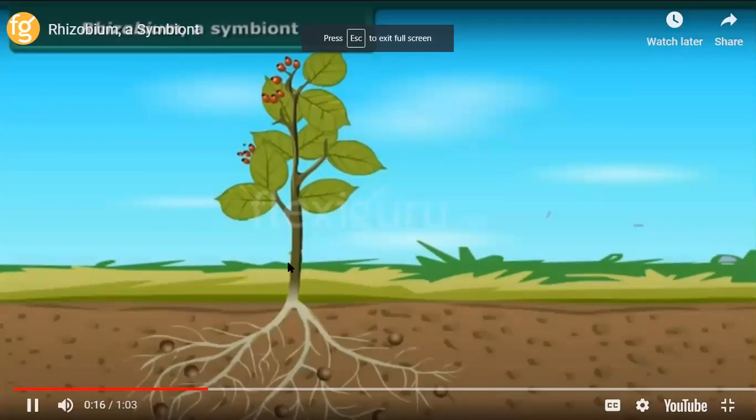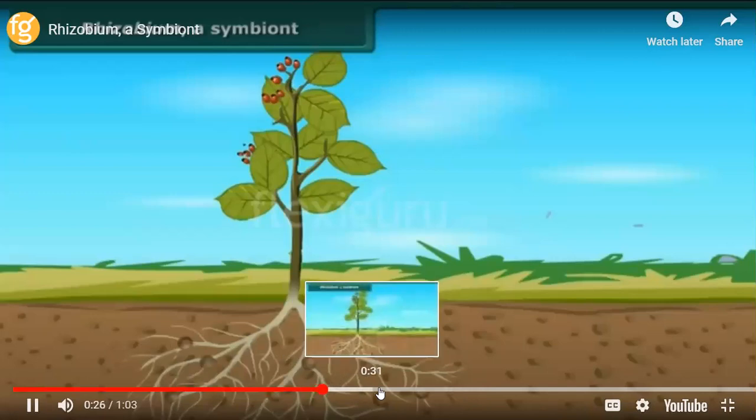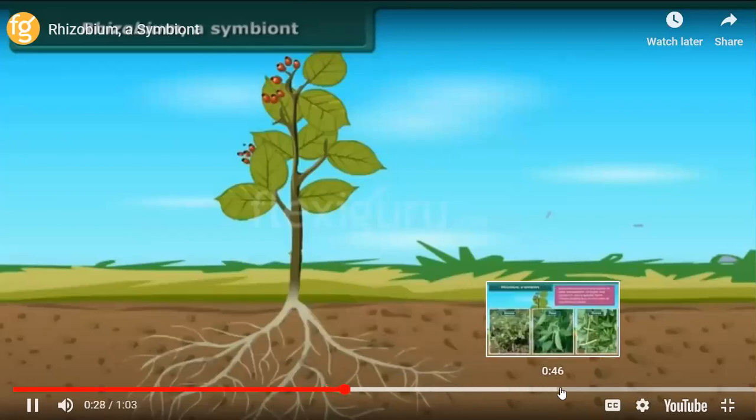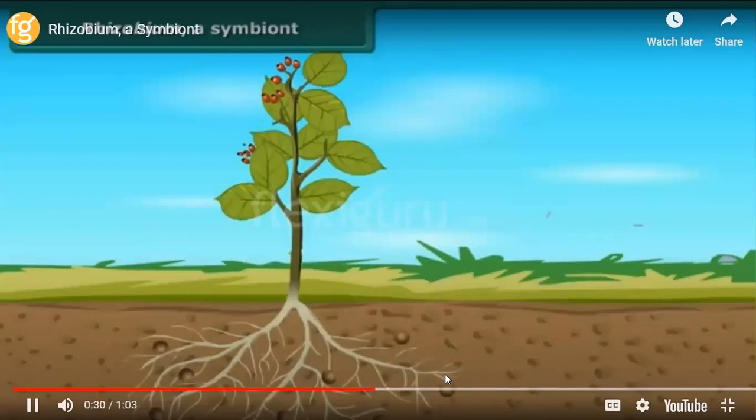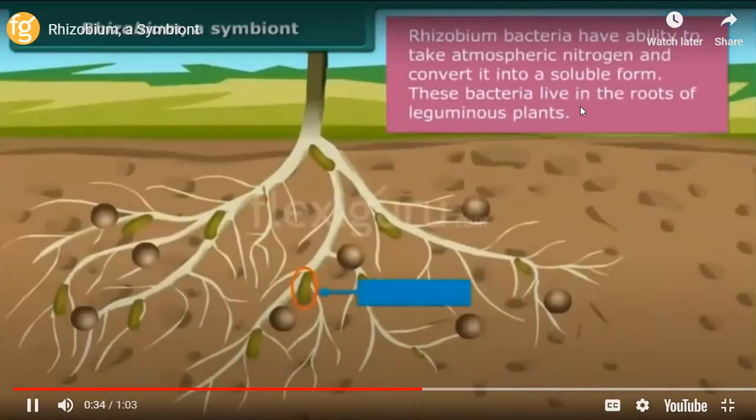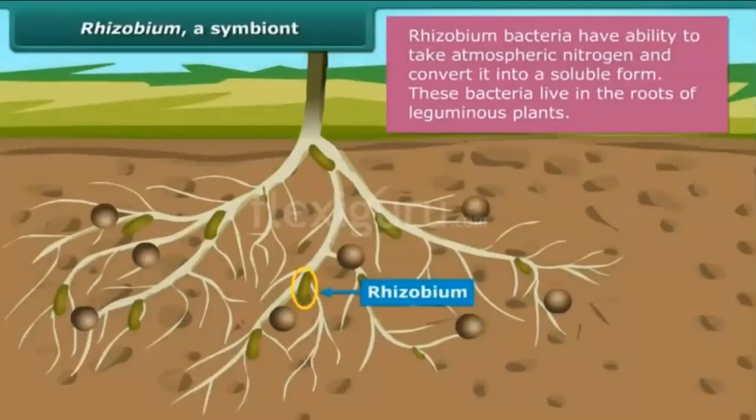As you all know, there is 78% nitrogen present in our atmosphere, but plants cannot use it directly the way they can use carbon dioxide. They require nitrogen in soluble form. The bacterium called Rhizobium can take atmospheric nitrogen and convert it into a soluble form.